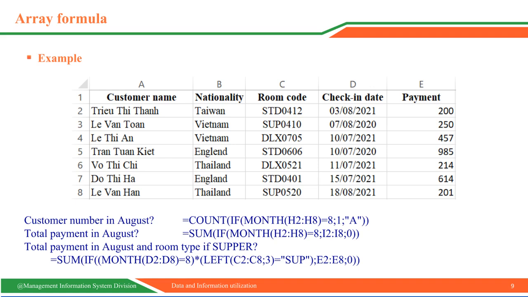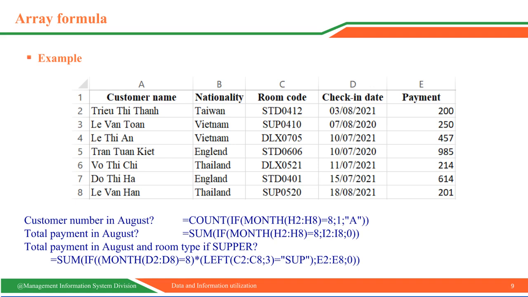Or, to determine guests arriving in August 2021, use an array formula like SUM(IF((MONTH(D2:D8)=8)*(YEAR(D2:D8)=2021), 1)), meaning, if the values in D2 to D8 have the month equal to 8 and the year equal to 2021, return 1 for the SUM function.